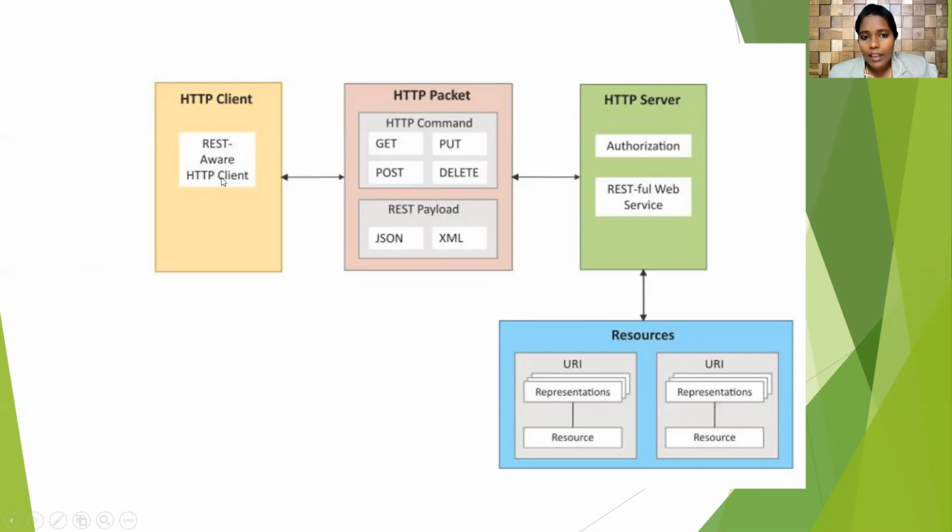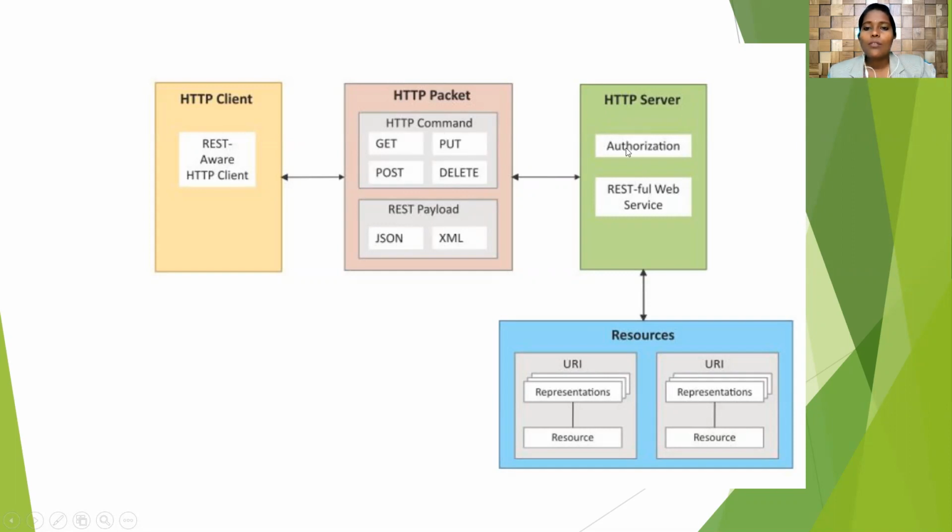If our client wants to open one page, it gives a request, that means it sends data: it gets, posts, puts or deletes. These are the HTTP commands present in order to accomplish the communication. That packet will be given to the server.